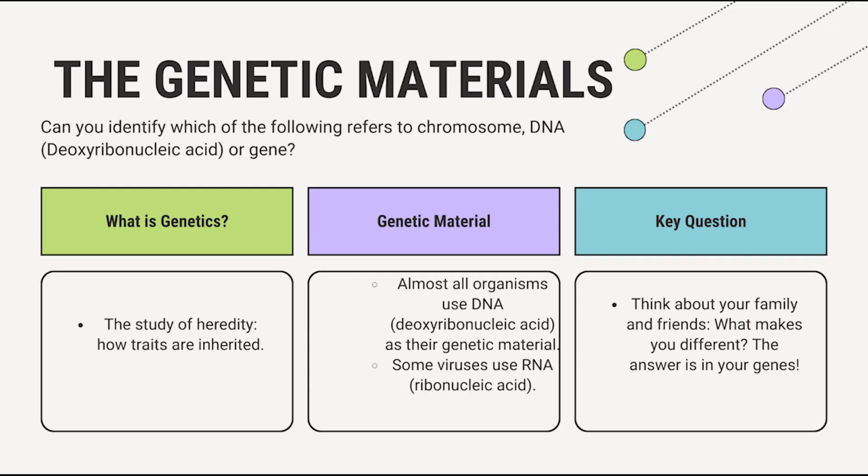Almost all organisms store their genetic information in DNA, although some viruses use RNA. This genetic material is the reason we look the way we do, and it controls how our bodies grow, develop, and function.